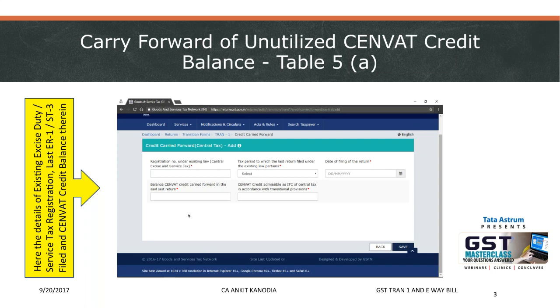Strictly speaking, as per the government's FAQ, which has a disclaimer that it is not law, the credit of KKC, EC and SHGC cannot be carried forward. But KKC, if you are a service provider, was an eligible CENVAT credit, so you should carry forward. For EC and SHGC, depending upon the quantum and the government's intention, one needs to take a call, and accordingly it can be taken. Or if one needs to take a very non-litigative view, then the credit should not be carried forward here.